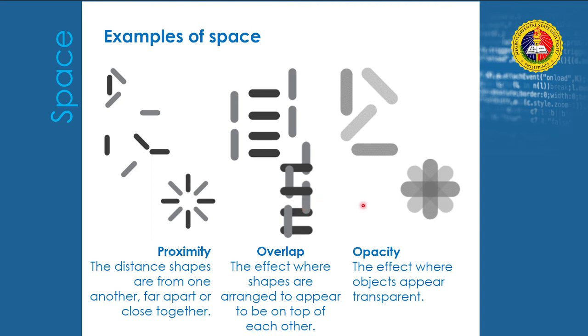Opacity. Opacity refers to the effect where the objects appear to be transparent. So whenever you set the transparency of a certain object, that is what you call opacity. For example, if one object is set to be 50% transparent, and then another, duwa ka objects set to 50% transparent, and then they overlap, what will happen?